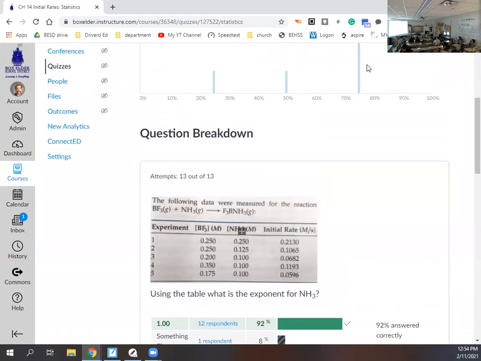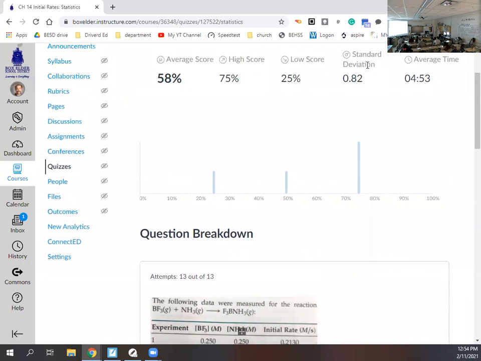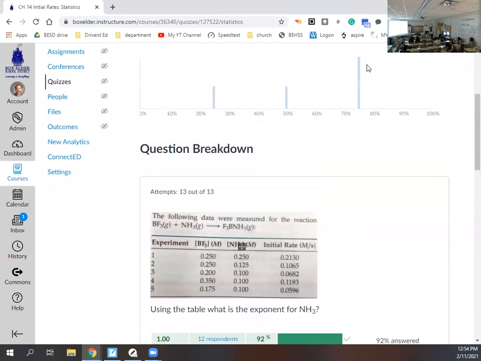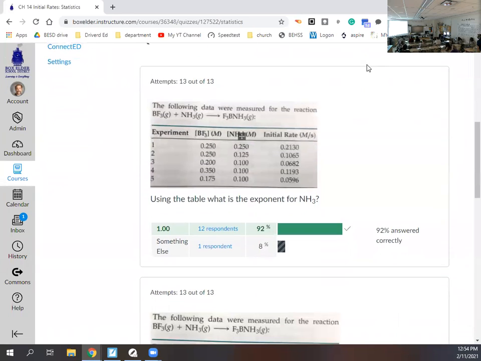So question, our overall average is 58, but really we would add 25 to that. So that's not bad. That's a 73. That's not great. I'm not wrong. So all but one of you got this correct. So when we look for NH3, then I know that thing's annoying right there.